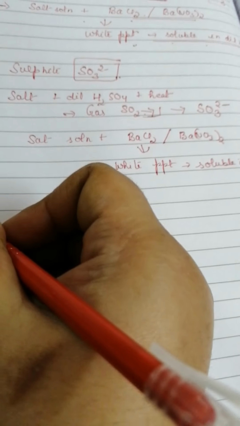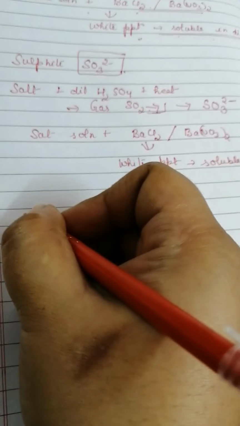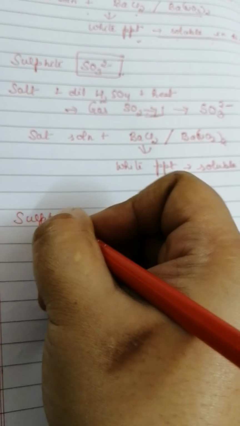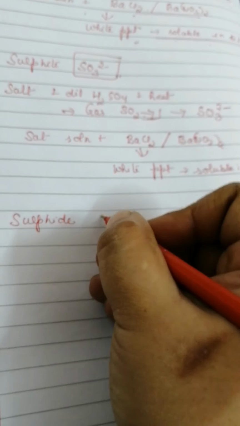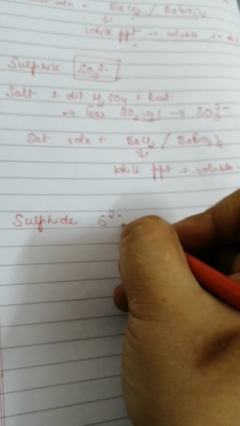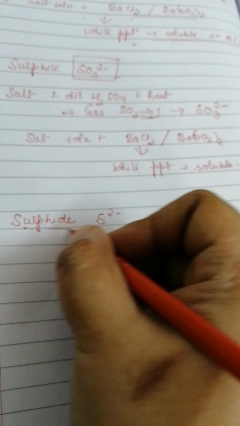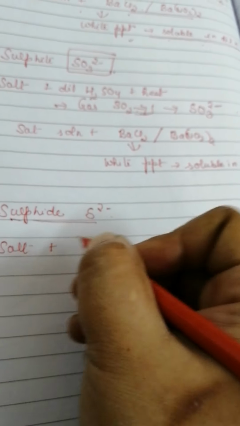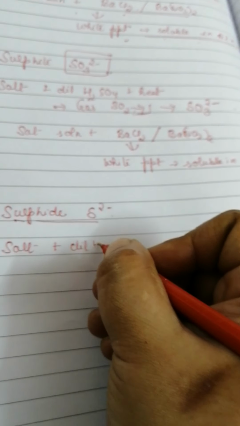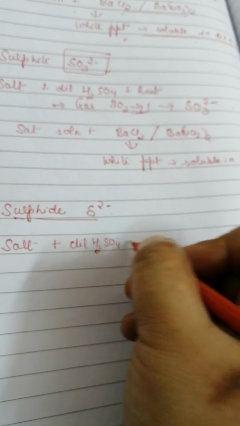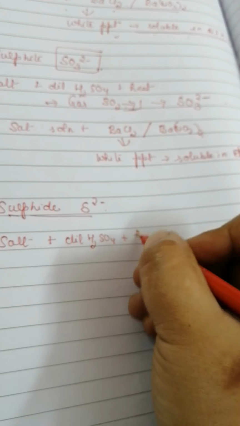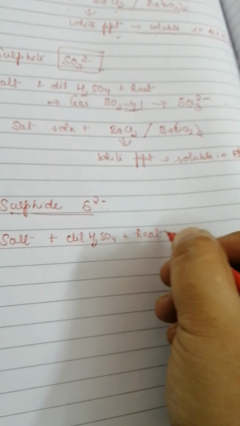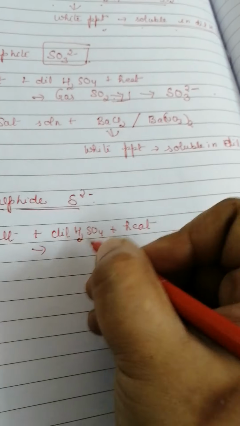Now the third one is sulfide ion, S2 negative. Now you also know what is going to happen. You take the salt, add dilute sulfuric acid or any dilute acid and heat. Which gas is going to evolve? Yes, H2S.